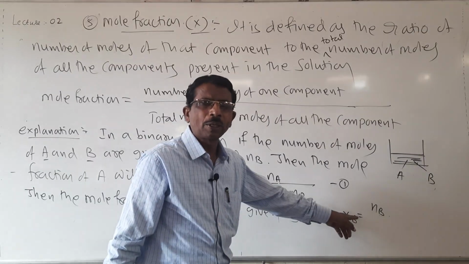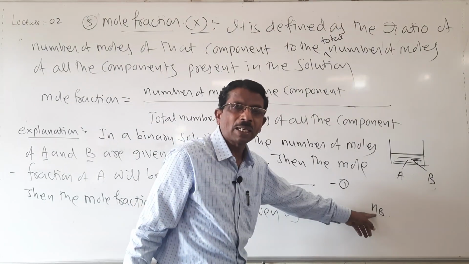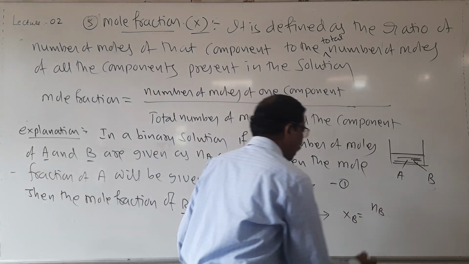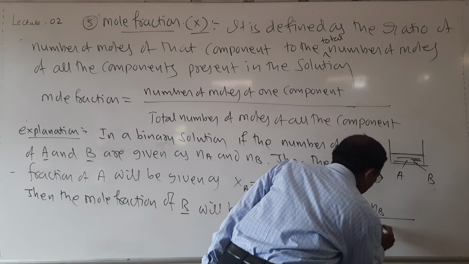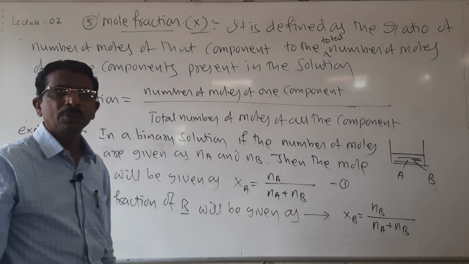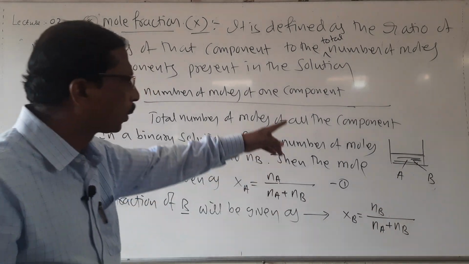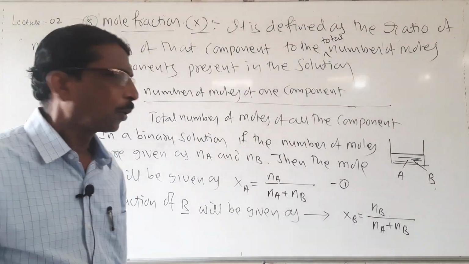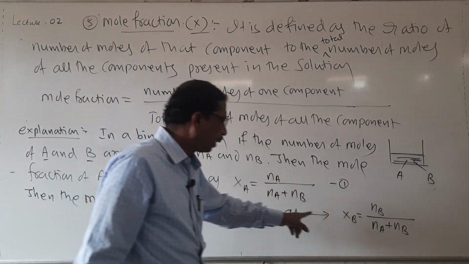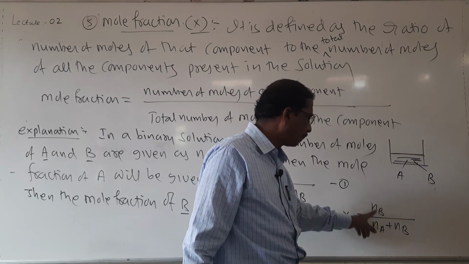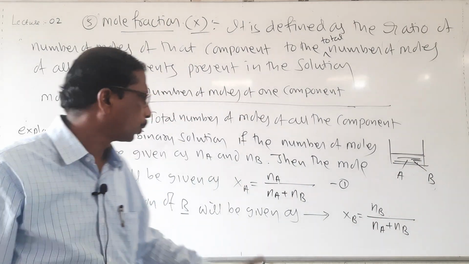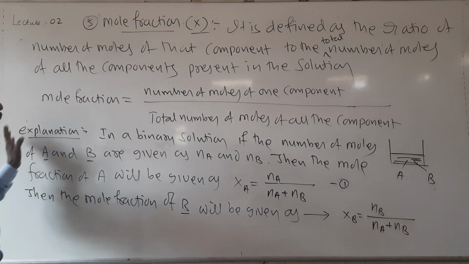We are going to determine the mole fraction of the second component, so the second component should be written on top, that is Nb, divided by Na plus Nb. This is the method to determine the mole fraction of both the components present in the solution. So for the first component Xa is Na upon Na plus Nb, and for the second component Xb is equal to Nb upon Na plus Nb.